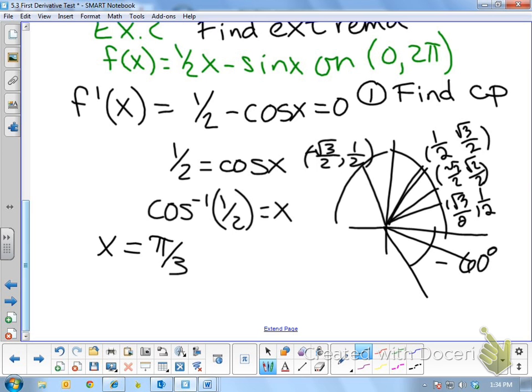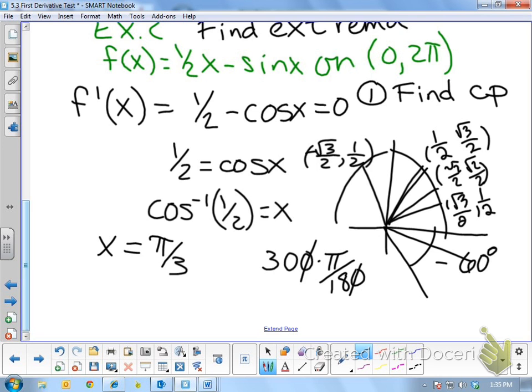5 pi thirds. Yeah, but we're never going to remember that this is 5 pi thirds, so I'm doing the long way. Degrees, what would this angle be then positive-wise? 360 minus 60 is 300. And how do I switch 300 degrees to radians? Times pi over 180.